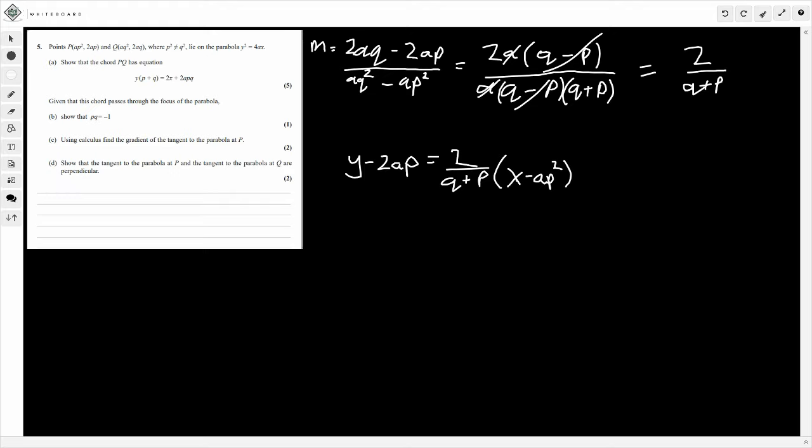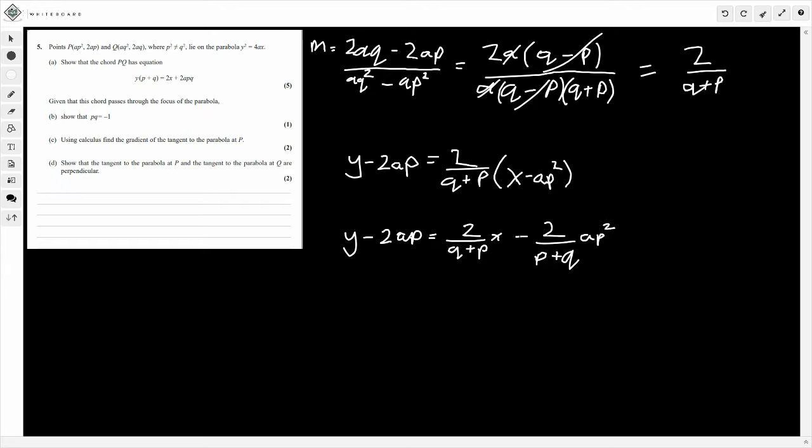So what that's going to give is y minus 2ap equal to 2 divided by q plus p times x, minus 2 over q plus p times ap squared.